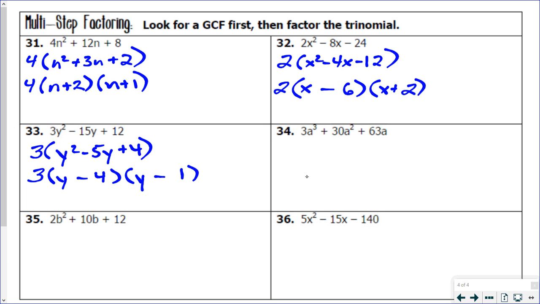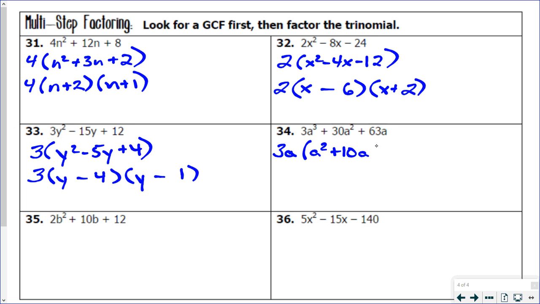Let's see. I don't want to keep you here too long. So let's look at 34. This one we can factor out a 3, but we can also factor out an A. They all have an A. So we're going to factor out a 3A. So 3A divided by 3A is A to the second power plus 10A.